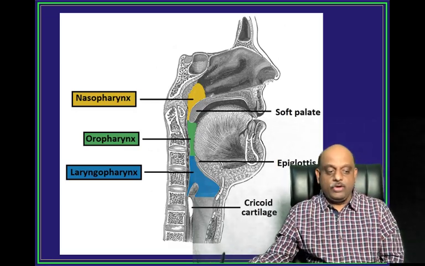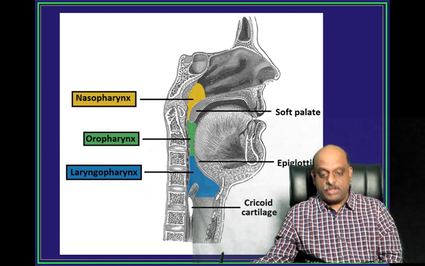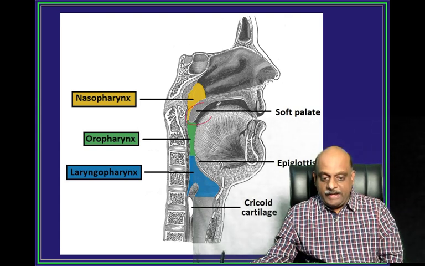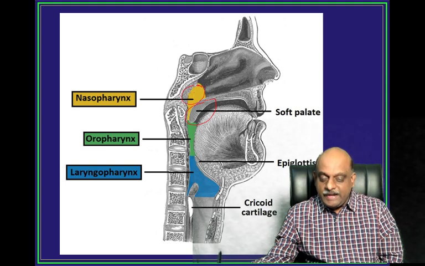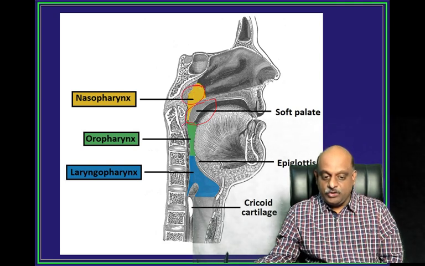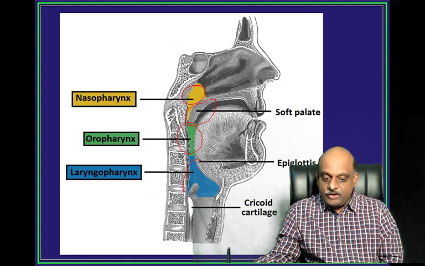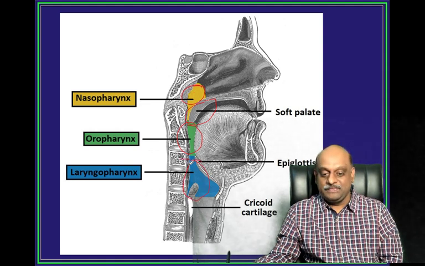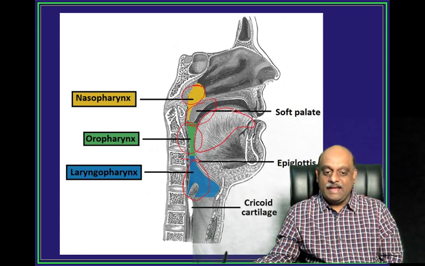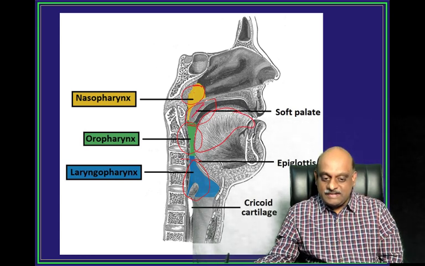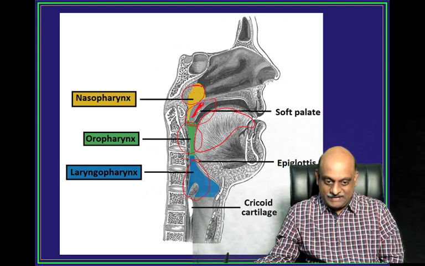If you look at the structure, this is the soft palate. This area is called nasopharynx. You have the oropharynx, and then you have the laryngopharynx. This is the tongue, and this is the soft palate.